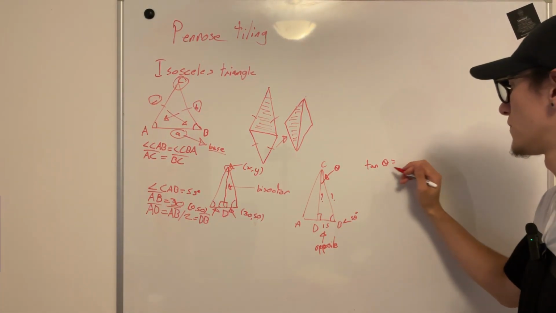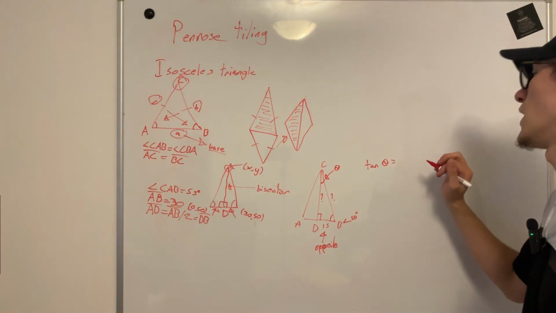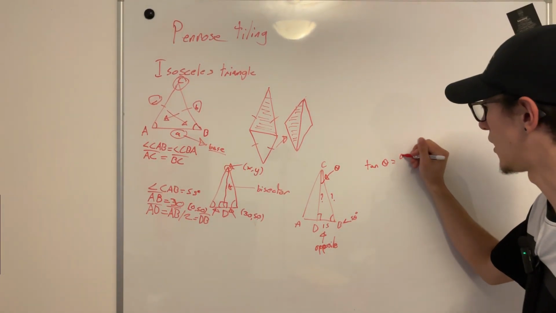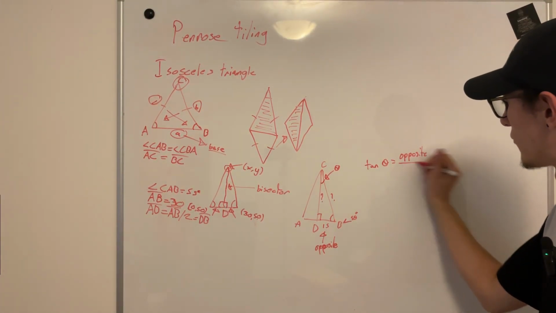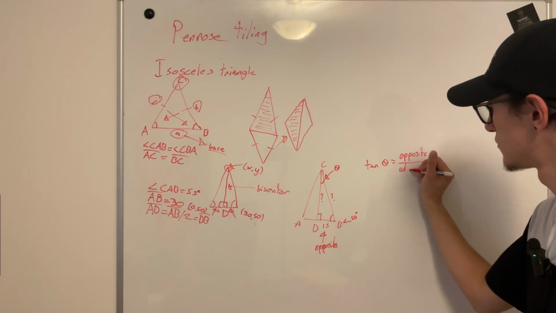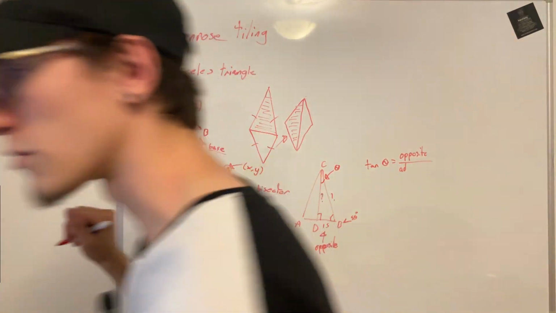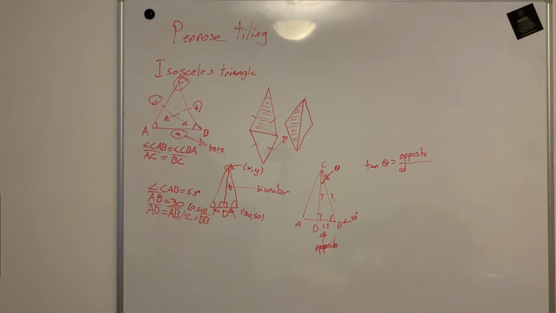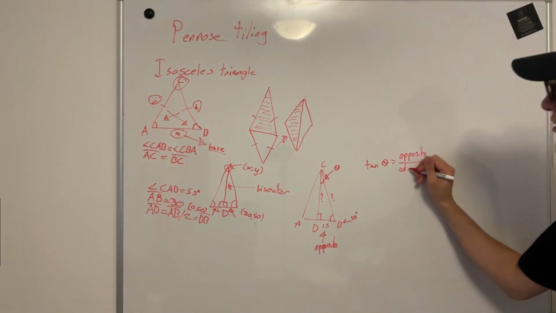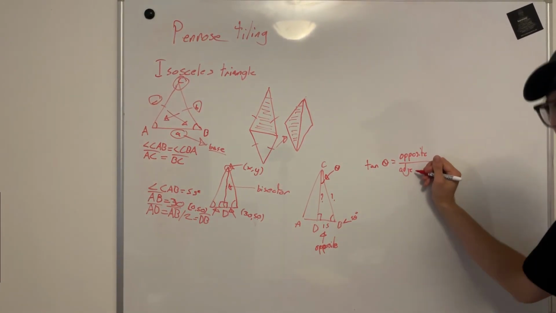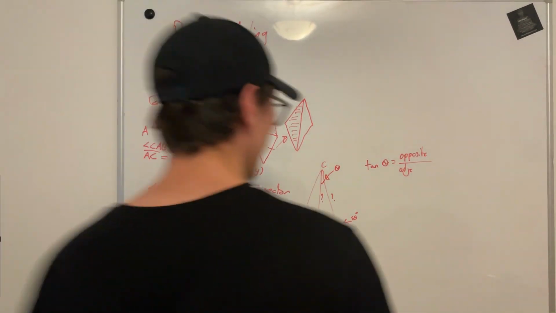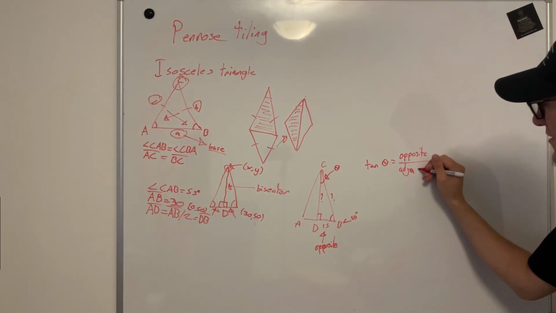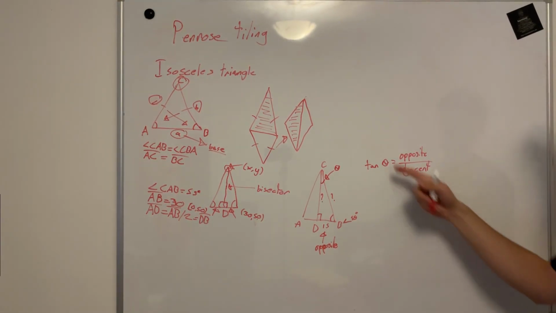So tan of the angle equals the opposite over the adjacent. Is it a J or an I? I don't remember. It's a J. Really sorry. Adjacent. Okay, great. And we can convert.